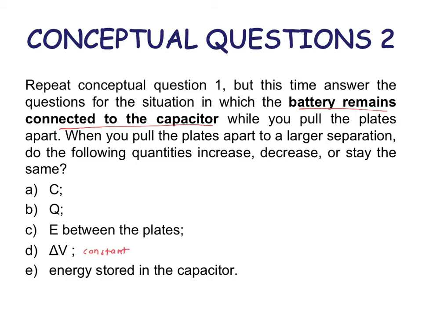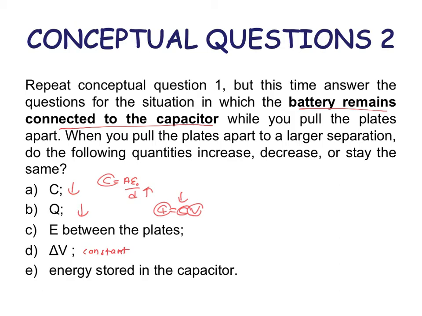Same as the previous one, using the formula C equals A epsilon naught over D, the increase of distance between the two plates means your capacitance will decrease. So what happens to the charge? Based on the formula Q equals CV, V remains the same and your C decreases, therefore your Q also decreases.